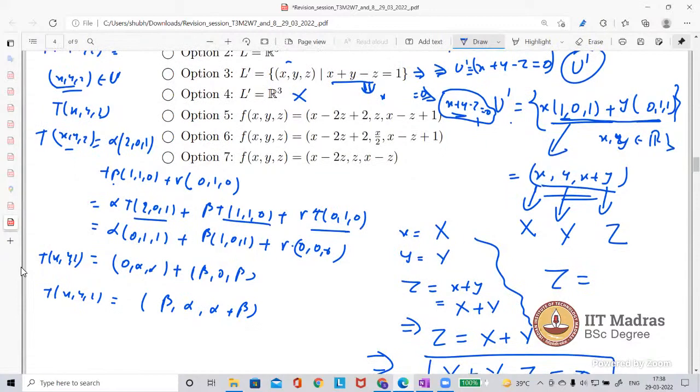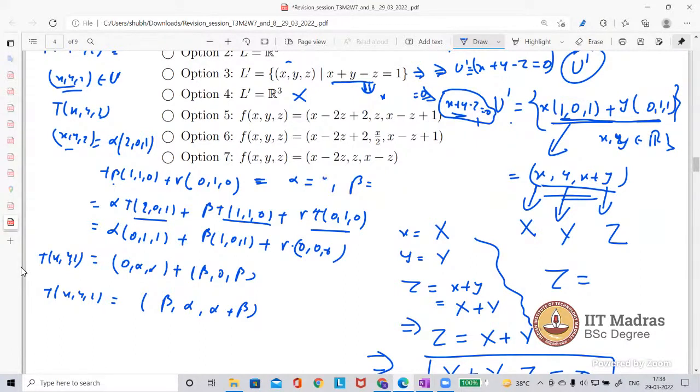How can we find it? Equate these two, as given here. Alpha equals z, beta equals x minus 2z. Alpha is y, right?